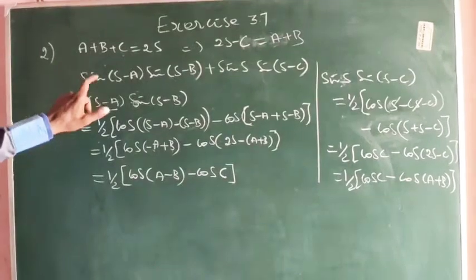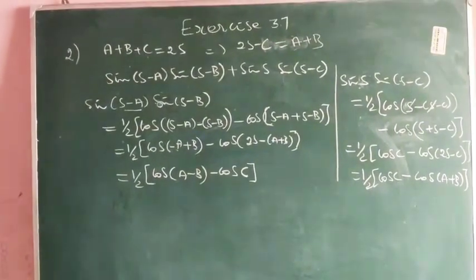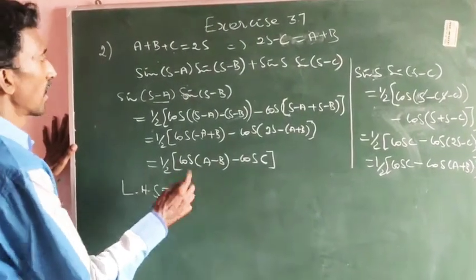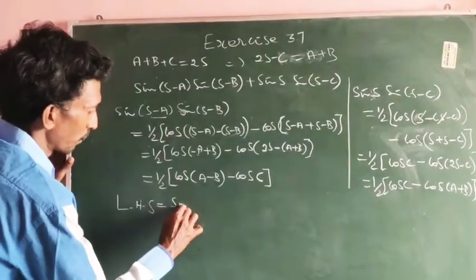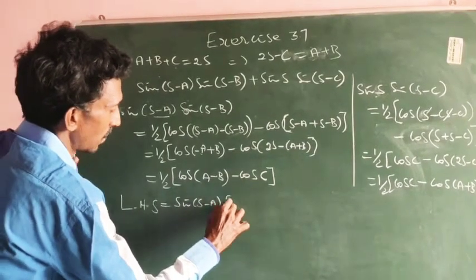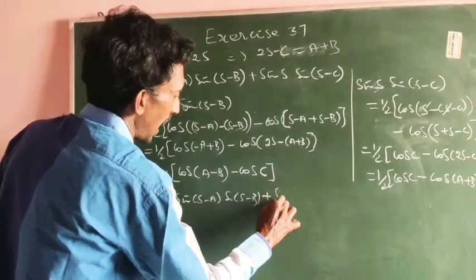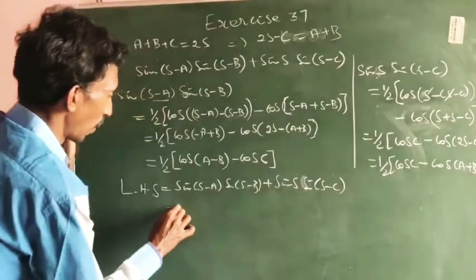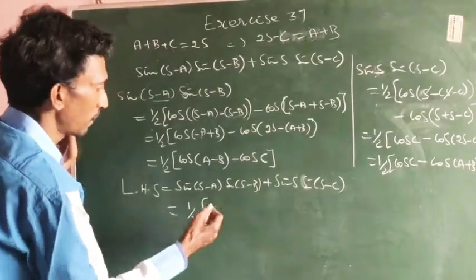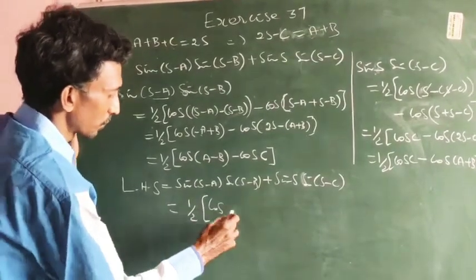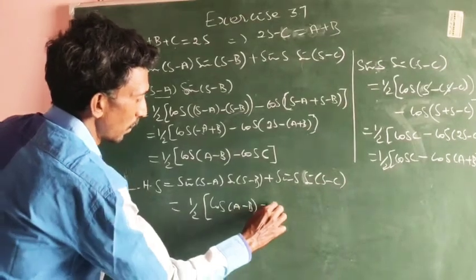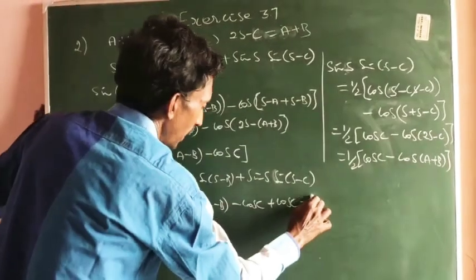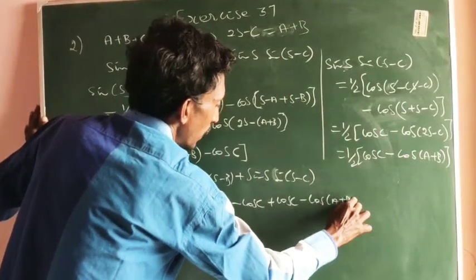For both we applied the formula sin A sin B equals 1 by 2 cos(A minus B) minus cos(A plus B). Now the LHS can be written as sin(s minus a) sin(s minus b) plus sin s sin(s minus c), and 1 by 2 is common: cos(a minus b) minus cos c plus cos c minus cos(a plus b).